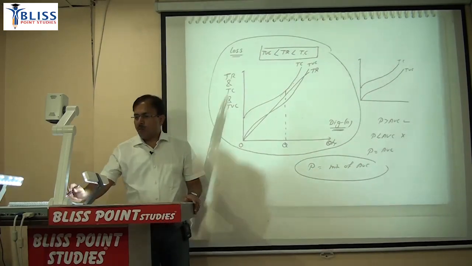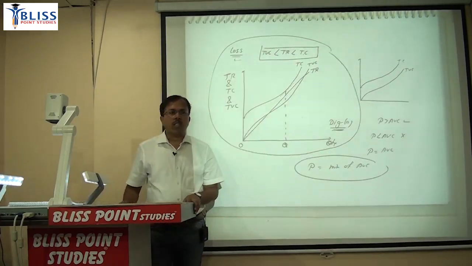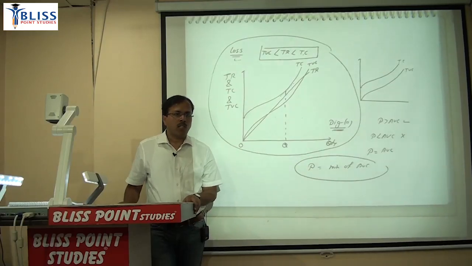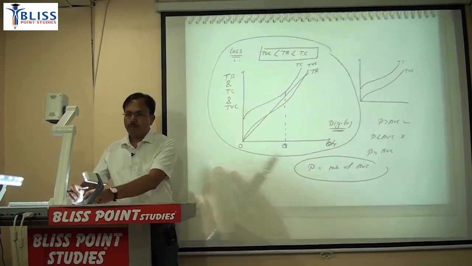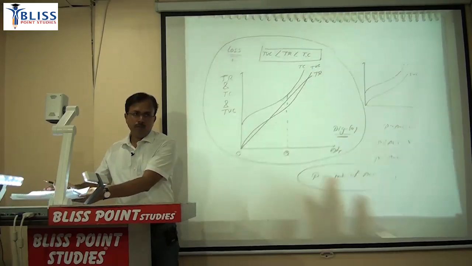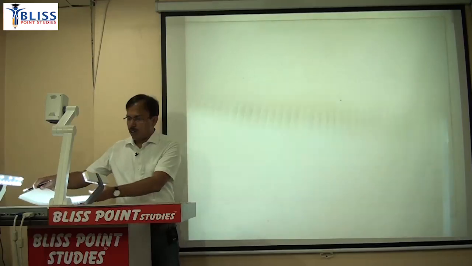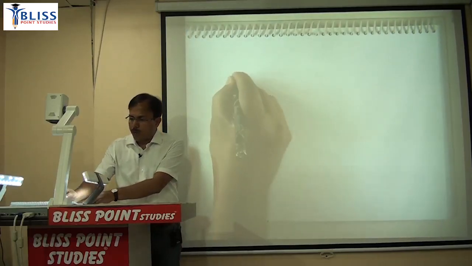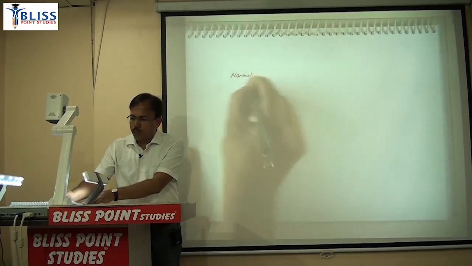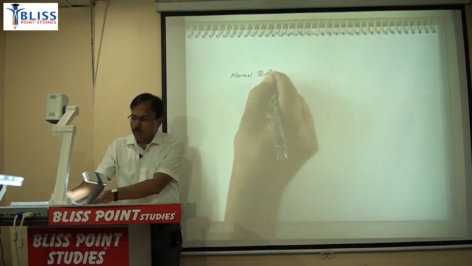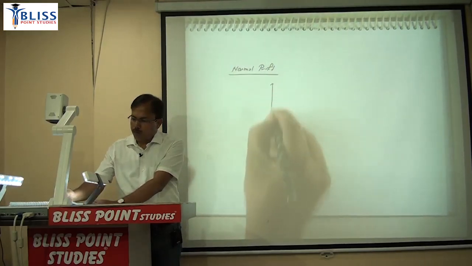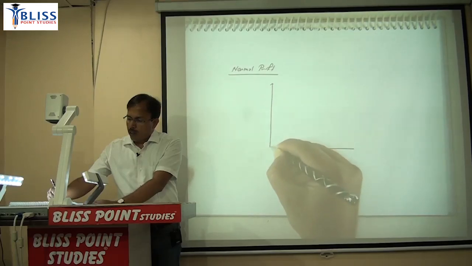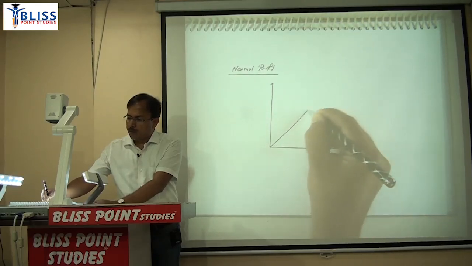So first was for profit, second is for loss. What is the third condition? Normal profit. So when will there be normal profit and what is the diagram for it? The diagram for normal profit. So if you take normal profit, then how to plot? Draw again the TR line straight.